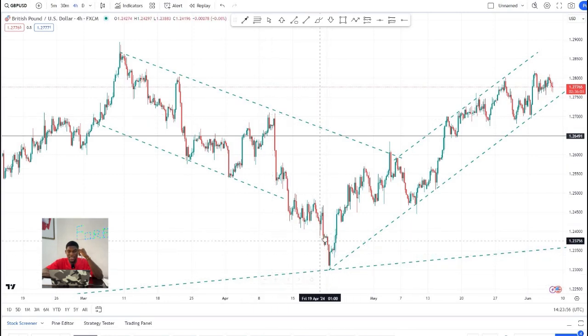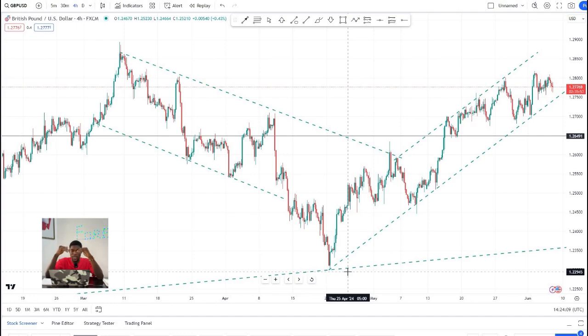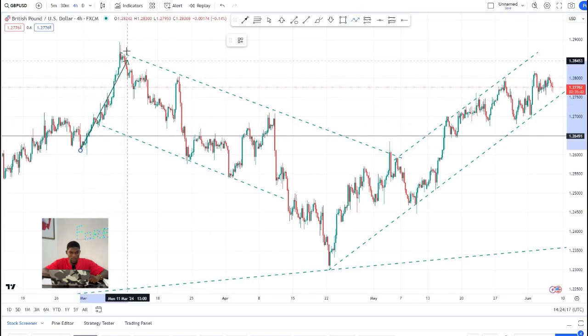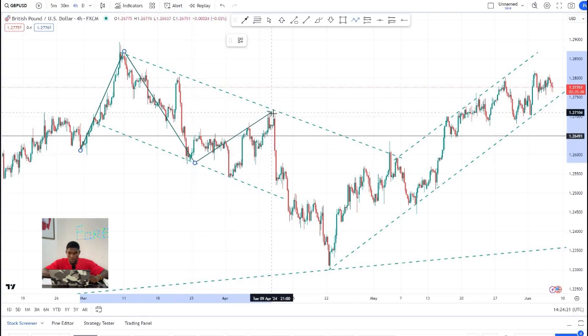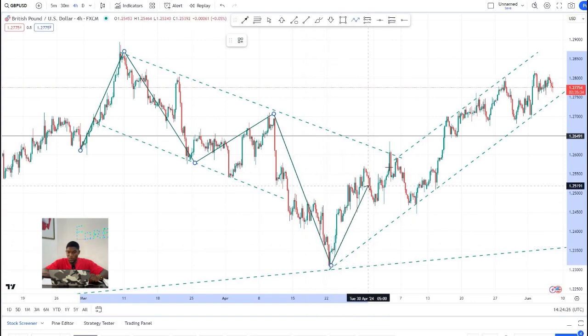At that point in time, the market refused to, what? After the market went up here, the market refused to break below the lower low. I told you a downtrend is when the market goes below a lower low. So we saw the market go up, come down, go up again, came down, went up.